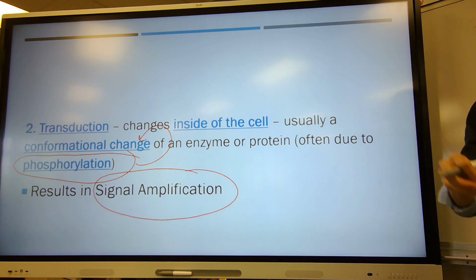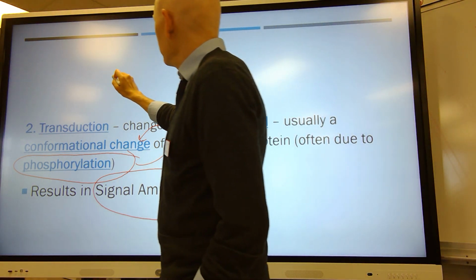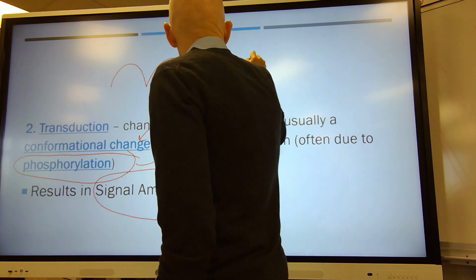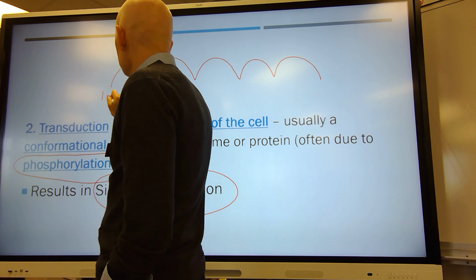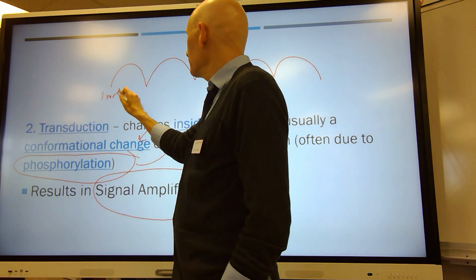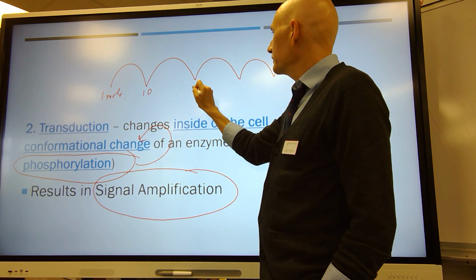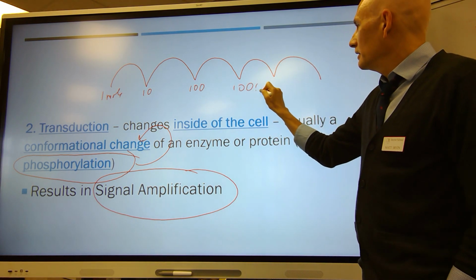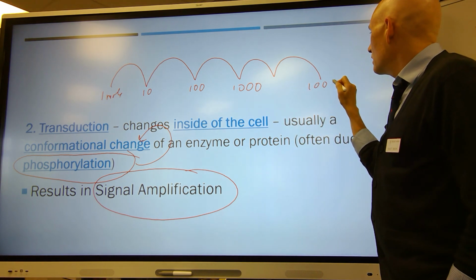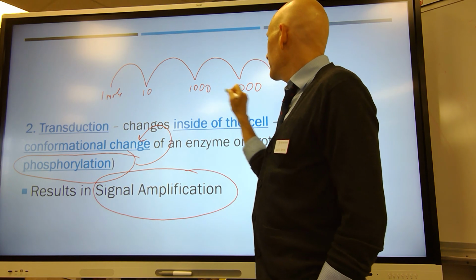But as this is going on, let's just say you are doing 5 steps, and you have one molecule here. This one molecule will phosphorylate 10 molecules, which will then each phosphorylate 10 more, which then might phosphorylate 10 more. And it could be even a greater amplification than this.